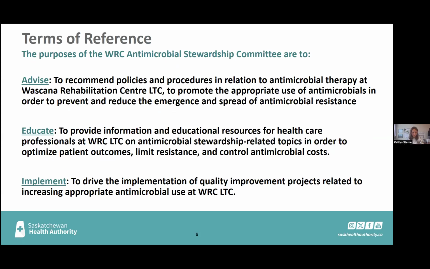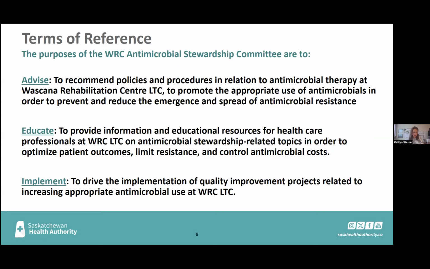Next slide. So within our terms of reference, we identified a purpose, the responsibilities and accountabilities, the members, and the commitments. Each requirement here would satisfy Accreditation Canada's requirements.